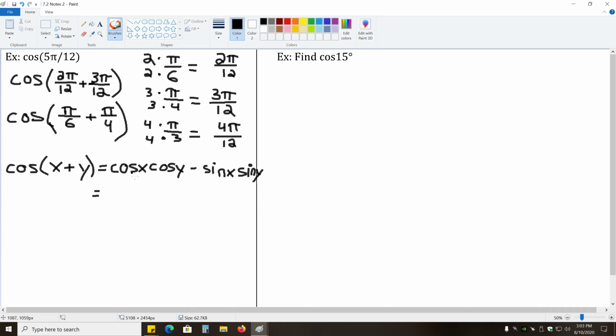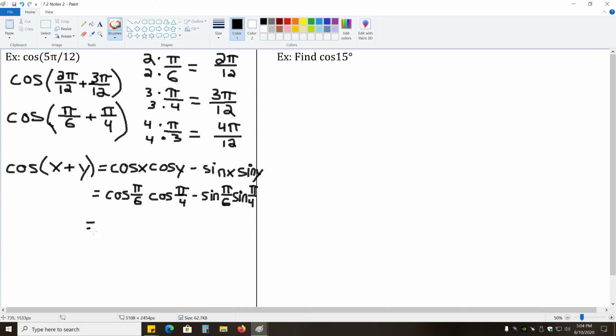So, cosine x means cosine of the first angle, which is cosine of pi over 6. Times cosine y is cosine of the second angle, which is pi over 4. Doing the same thing for these other two, we have minus sine of pi over 6, the first angle, times sine of pi over 4, the second angle.